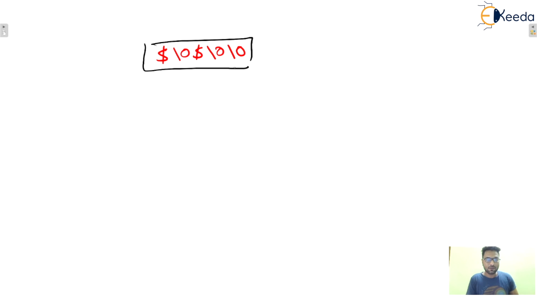So how will framing be done? Before this, we can say that yes, this is part of data, so before this, one null character will be used. Again, one null character is used for the second null character. Here dollar is coming, so one more null character will be used for dollar.